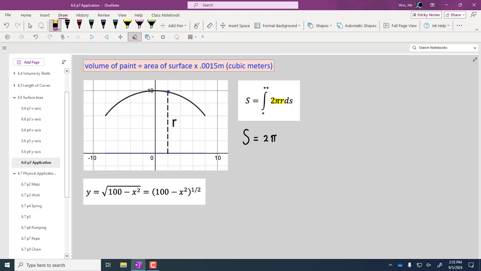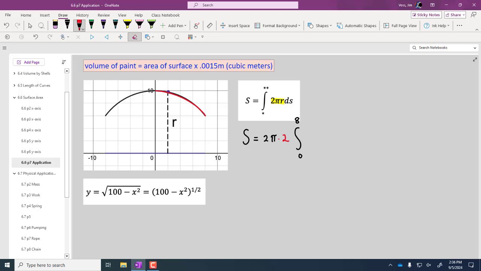I'm going to put in a symmetry 2, and we'll go 0 to 8 with that doubling. That red 2 is a symmetry 2, so our integral is just going to be focused on this right half that we're creating.